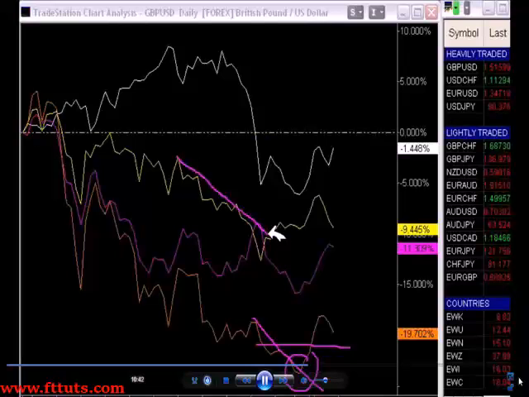This one broke this trend line here, and it broke this little high here, and it broke that high here. So point is, the trend line break occurred here much earlier than this one. Okay, so this is another way.